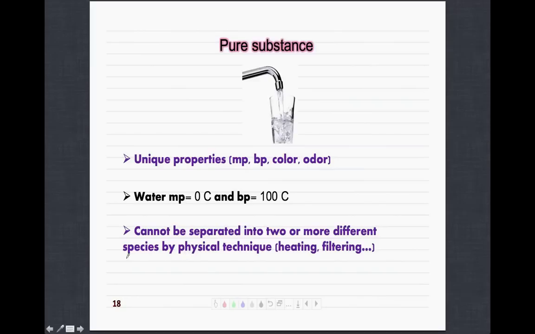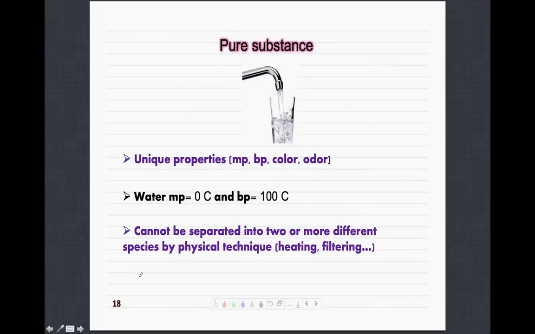What does that mean? First, an example of that is water. I think everybody in this class knows that water evaporates at 100 degrees centigrade and freezes at 0 degrees centigrade. So water is a pure matter because wherever you go in this universe, the boiling point and the melting point are the same.